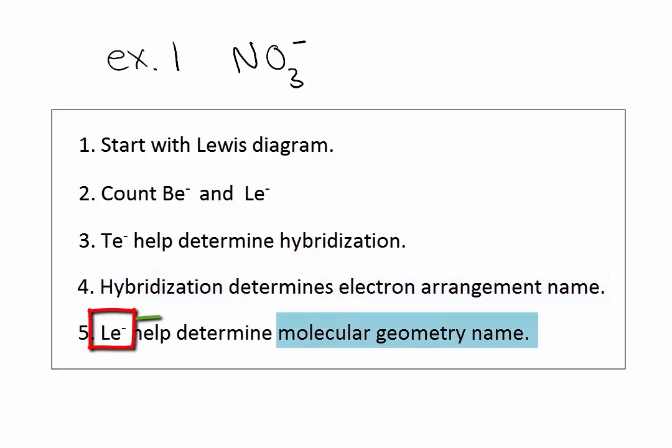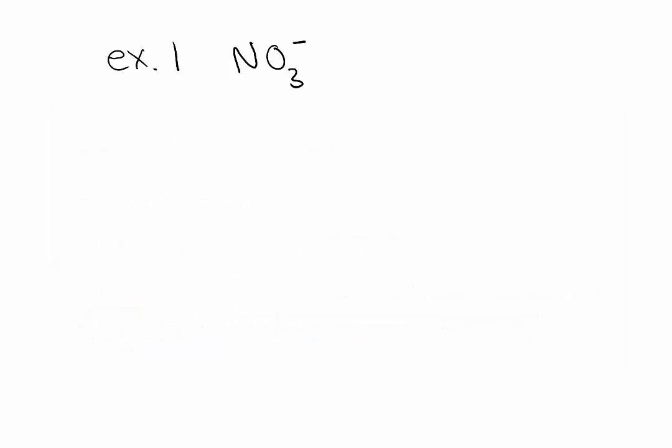From there, we're going to look at the lone pairs of electrons to help identify what the molecular geometry name is going to be. So for NO3 minus, the Lewis diagram will be as follows. Hopefully you will get a count of 24 electrons to place for our Lewis diagram.